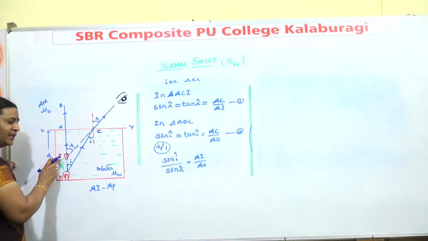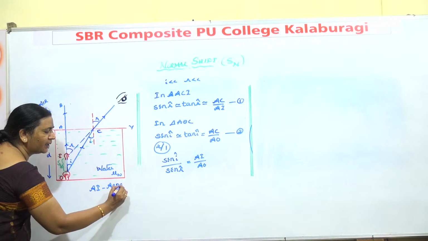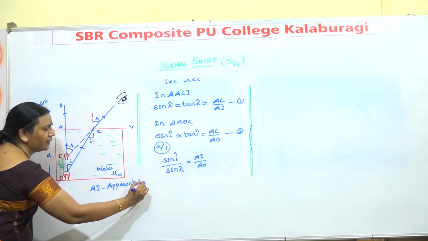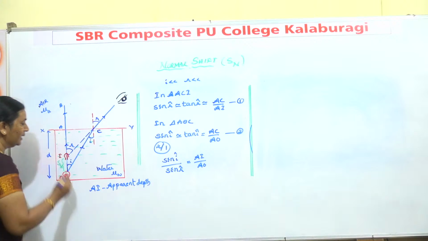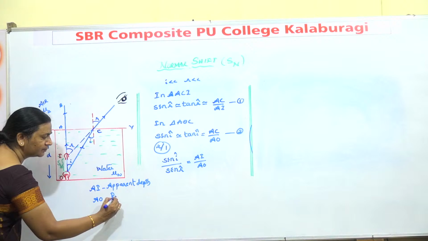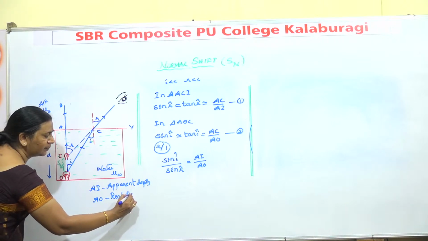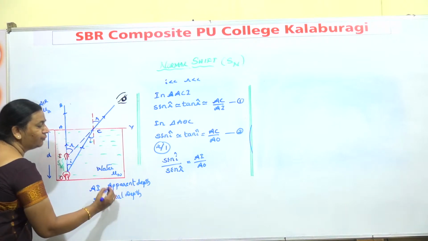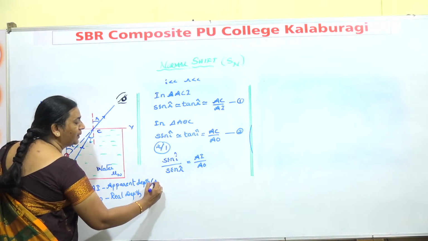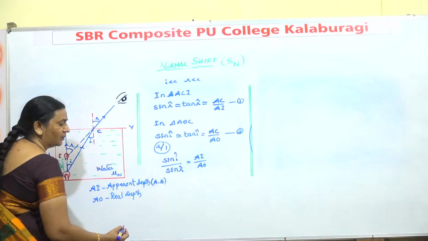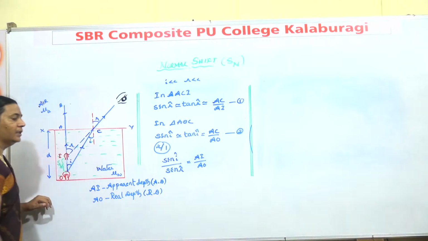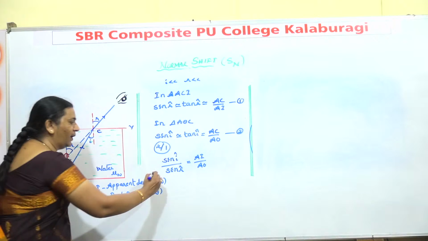So it is known as apparent depth, whereas AO is known as real depth. For these you have short forms, and the short forms are valid. Apparent depth you can write like this and real depth R dot. You can use these.